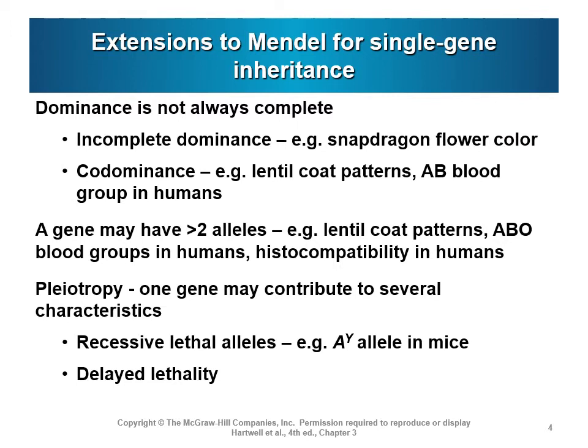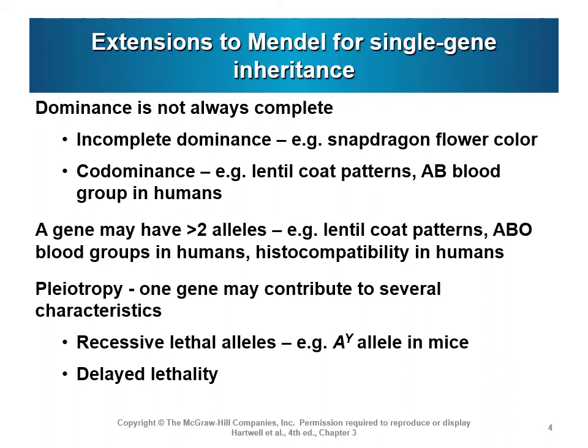Last lecture, we looked at complete dominance, but dominance does not have to be complete. Dominance may be incomplete, as we see in snapdragon flower color. Alleles may be codominant, such as in a lentil coat pattern or AB blood groups in humans.